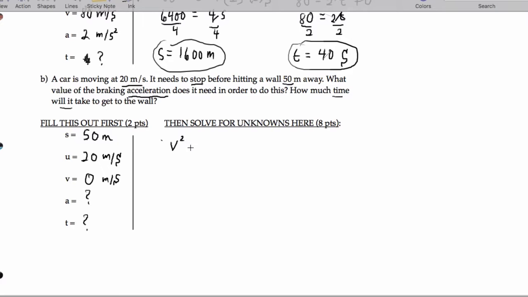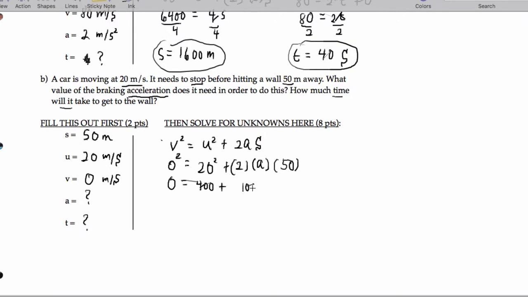So v squared equals u squared plus 2as. So we're going to have 0 squared equals 20 squared plus 2 times unknown a times the 50 meters over which it travels to stop. So we get 0 equals 400 plus 100 times a. I can do that because of both the commutative and the associative property.